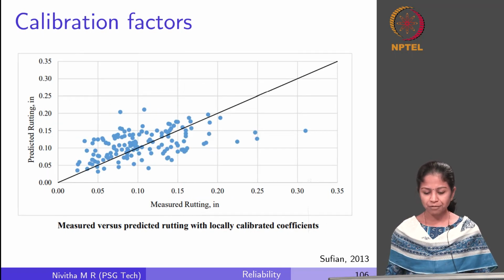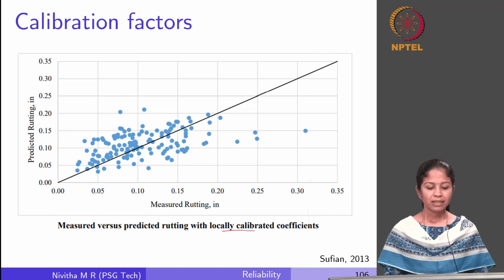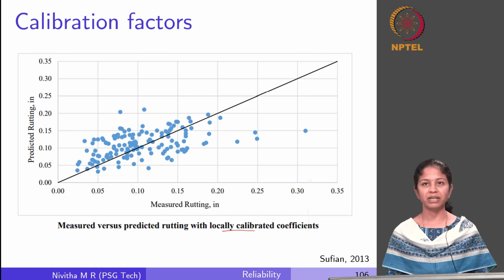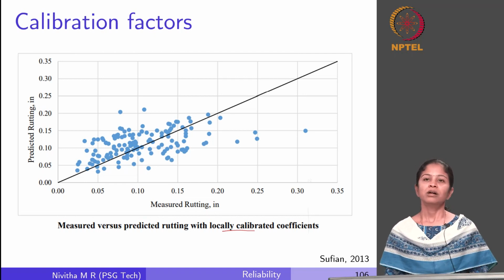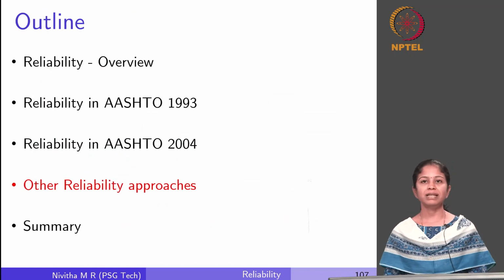Now, if they are corrected for locally calibrated coefficients, then we can see how the predicted rutting varies, right. So, it is more or less closer to the actual rutting value. So, this effect will be taken care of by using appropriate calibration constants. So, before using the model, it is necessary that we arrive at the specific calibration constants and then use the model. Okay, so I will stop this lecture here.